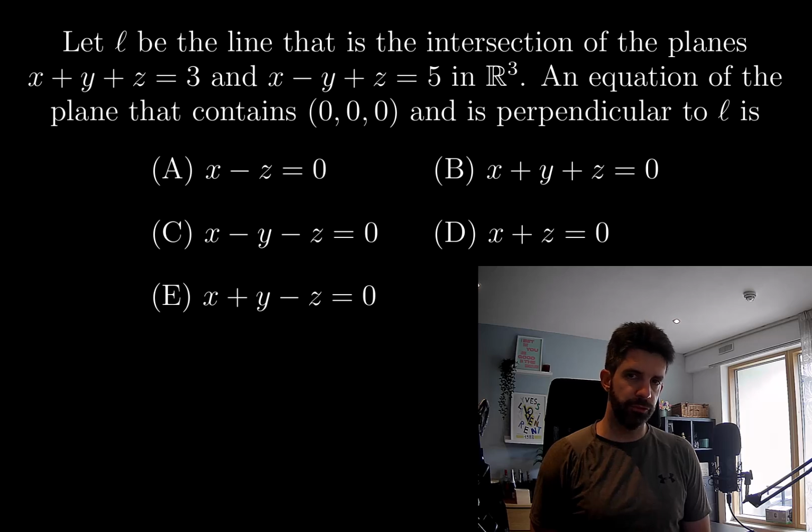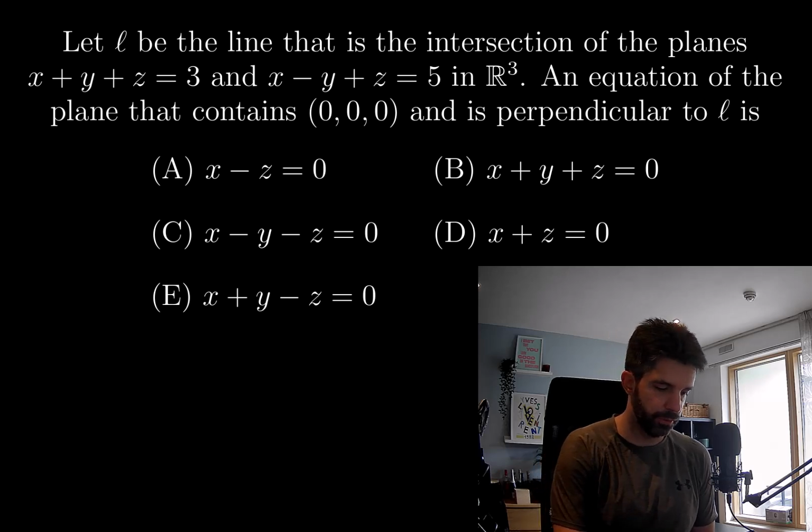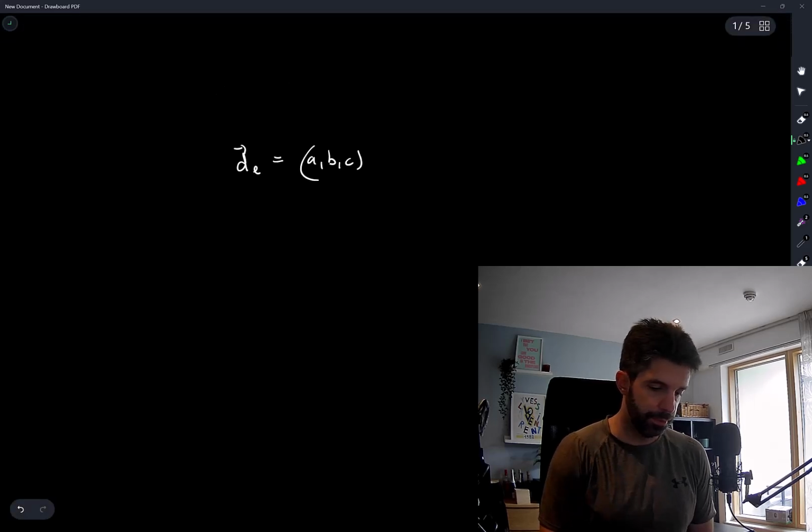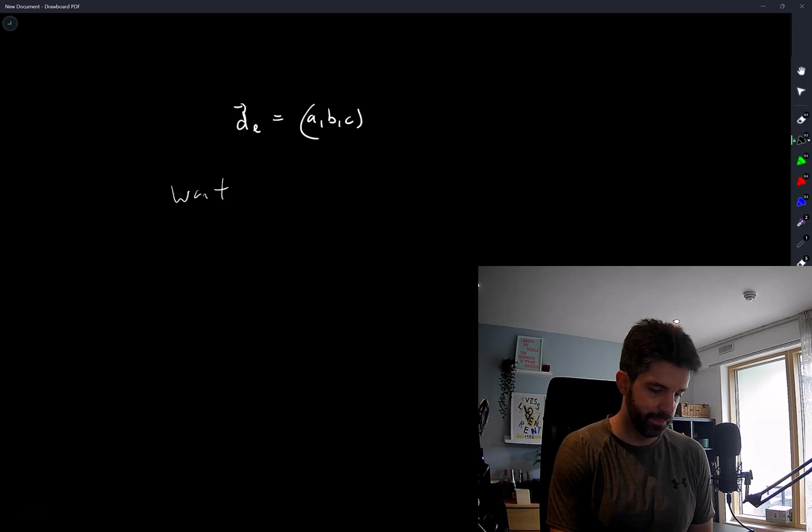Okay, so this is pretty much just going to involve some vector geometry. If I want an equation of a plane which is perpendicular to L, what I need is the direction vector of L. If I say the direction vector of L is equal to (A, B, C), then the plane that I want is going to be given by the equation AX plus BY plus CZ is equal to 0.